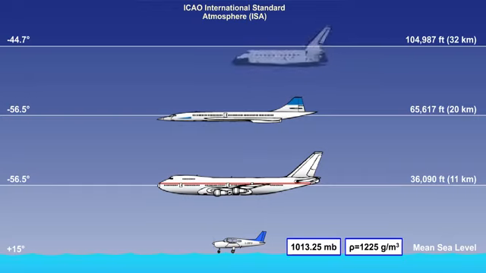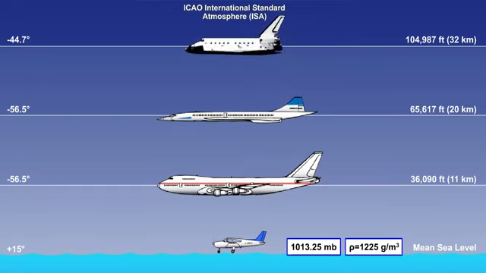And finally, from 65,617 feet, or 20 kilometres, up to 104,987 feet, or 32 kilometres, temperature increases by 0.3 degrees Celsius per 1,000 feet, or 1 degree Celsius per kilometre.